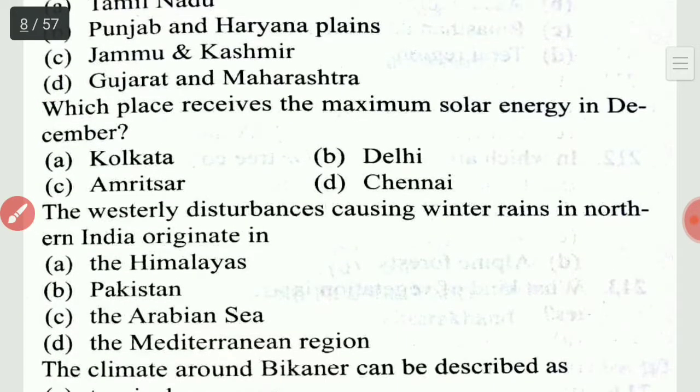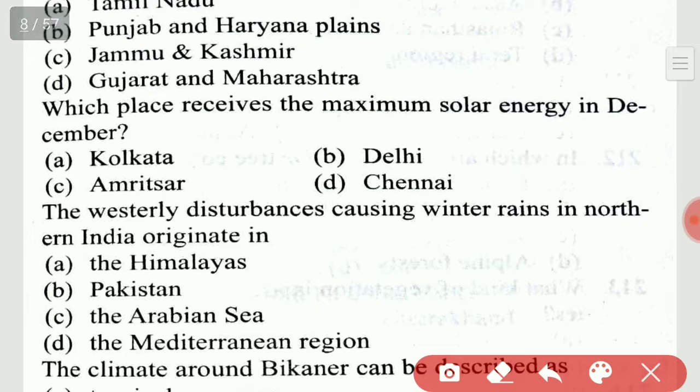Next, which place receives the maximum solar energy in December? Right answer is option D, Chennai.